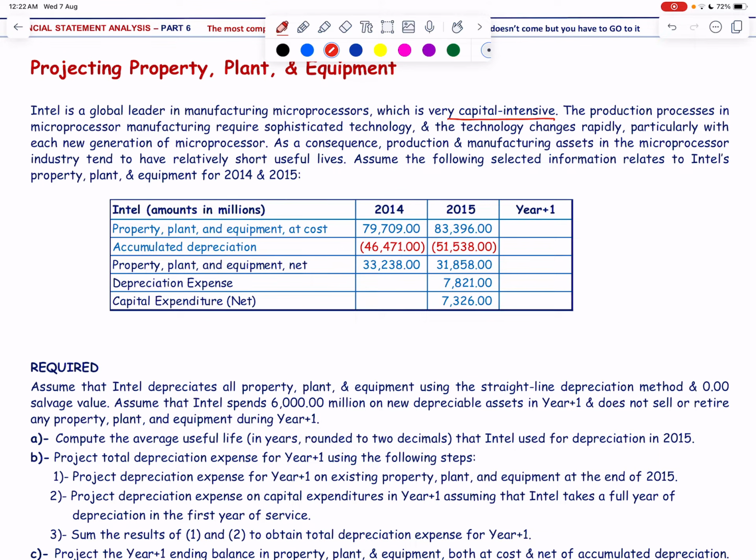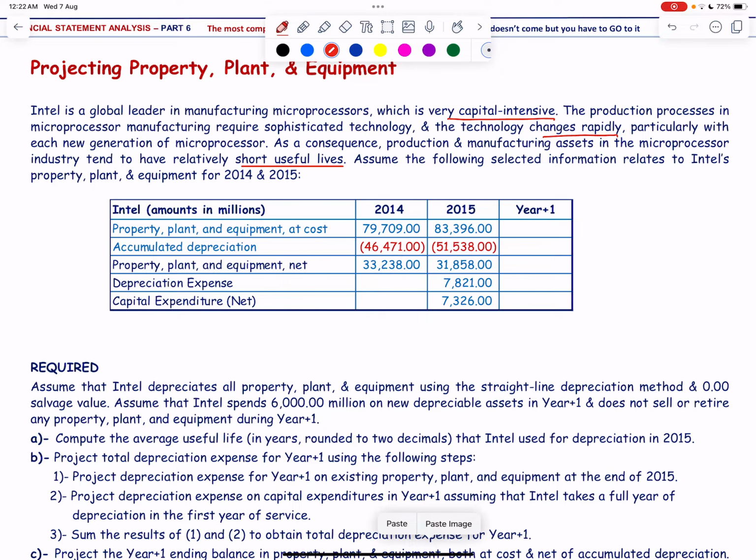The production processes in microprocessor manufacturing require sophisticated technology, and the technology changes rapidly, particularly with each new generation of microprocessor. As a consequence, production and manufacturing assets in the microprocessor industry tend to have relatively short useful life.